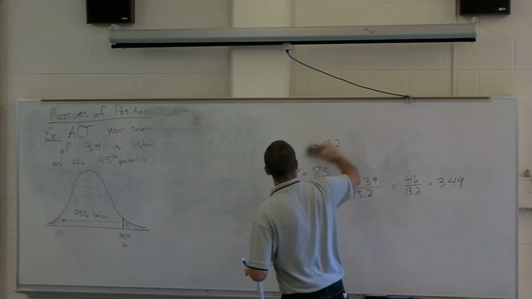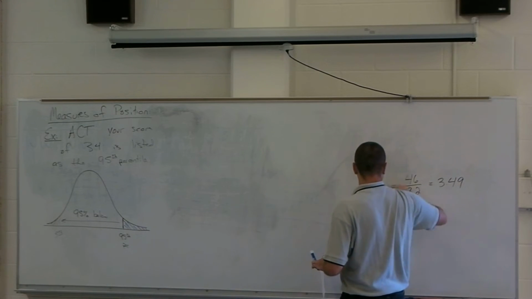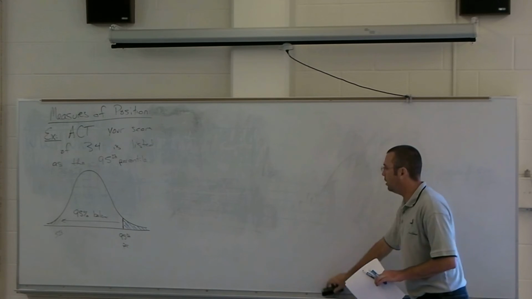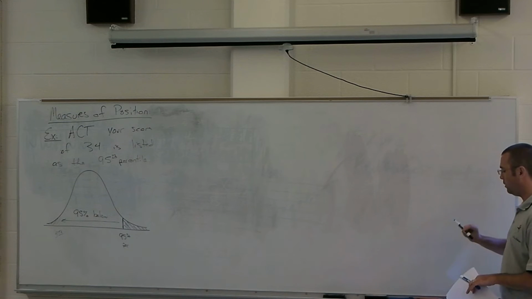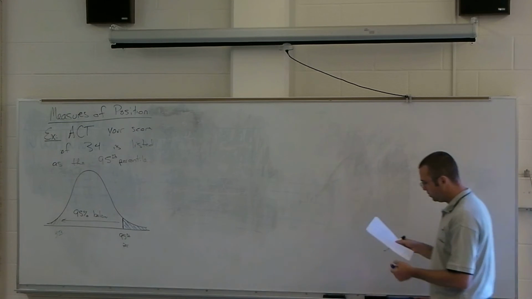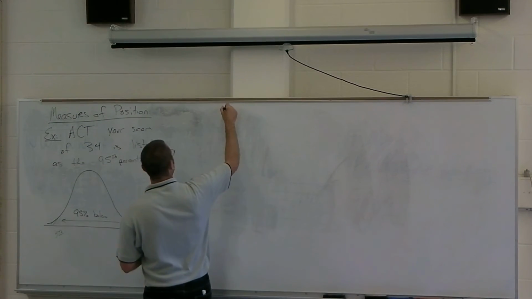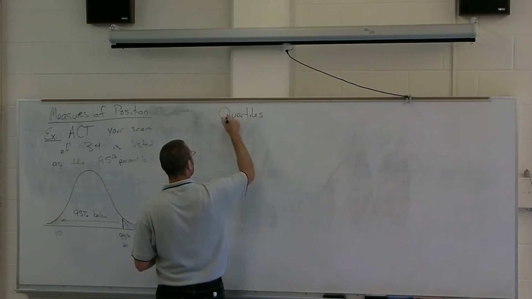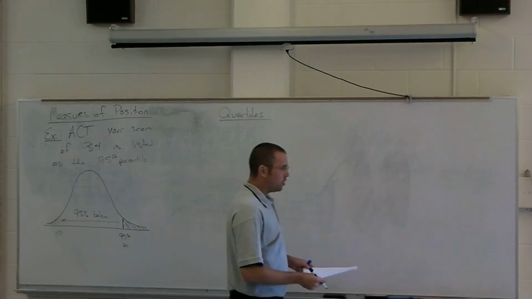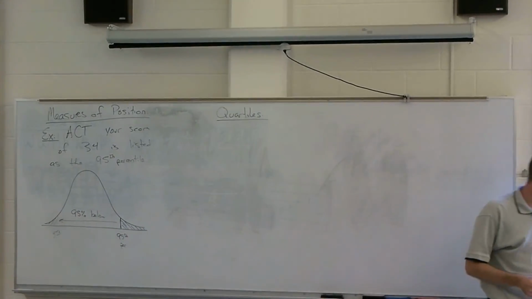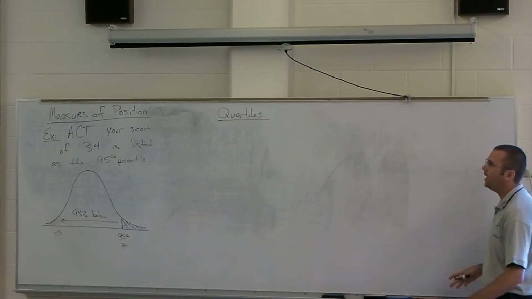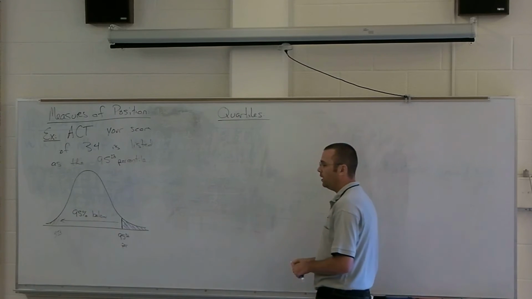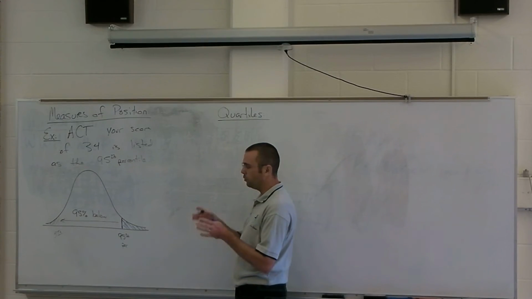Now, for our purposes, these percentiles are nice, but there are a couple of special percentiles that we want to really focus on. And those percentiles are what are called quartiles. The quartiles, as the name suggests, are the values that split our data into 4 different groups.